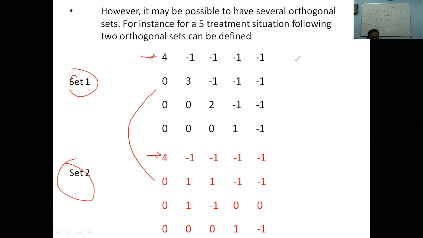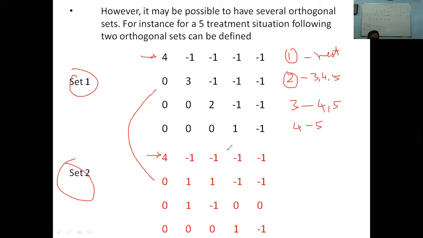So here, tell me, this is 1 versus the rest. Right, in this case 1 versus the rest, 2 versus 3, 4, 5, isn't it? This is 3 versus 4 and 5. This is 4 versus 5.